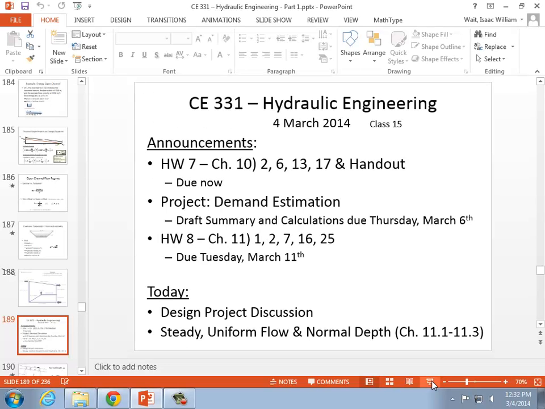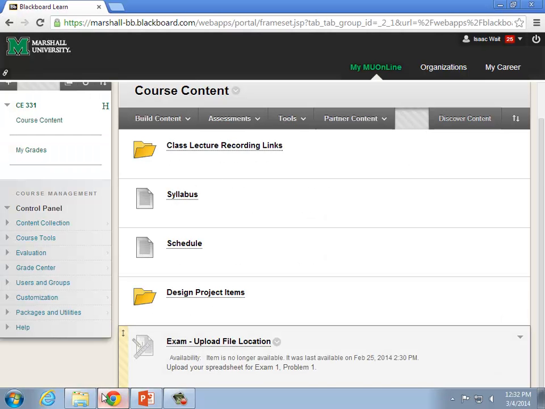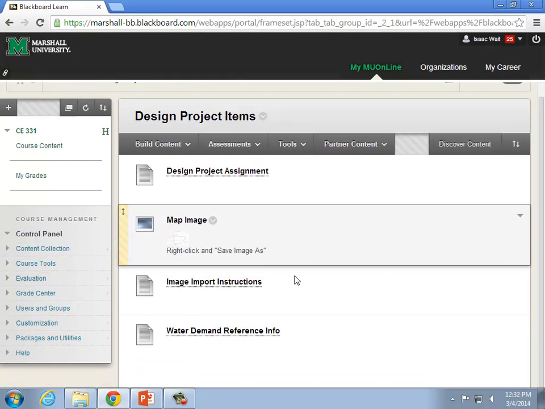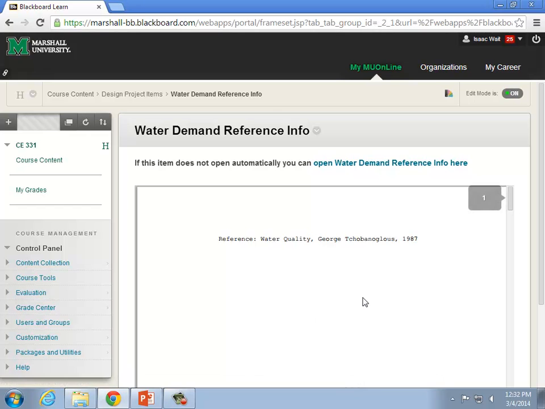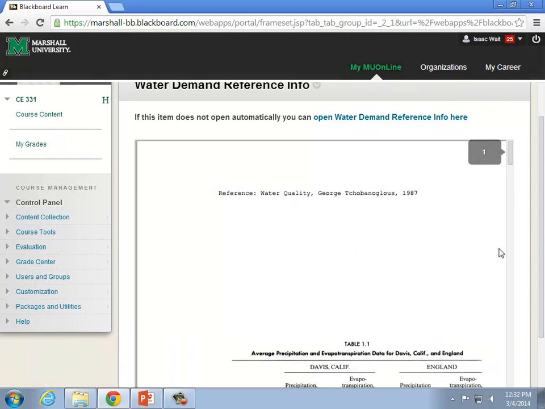All right. I wanted to draw your attention to the resource I mentioned in class last time. It's posted on MU Online in the folder Design Project Items, the supplied resource with water demand reference info. If we click on that, it should open up the PDF file. The majority of these are taken from a textbook that I used when I was in school.